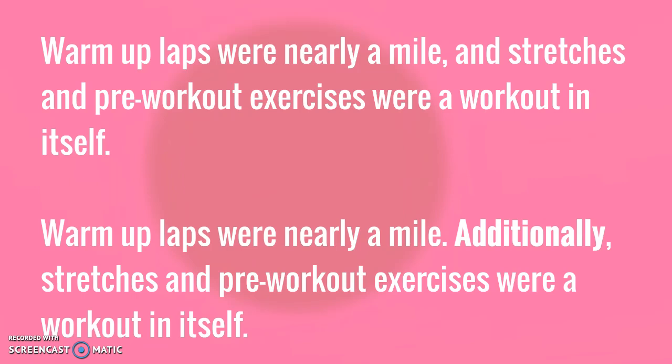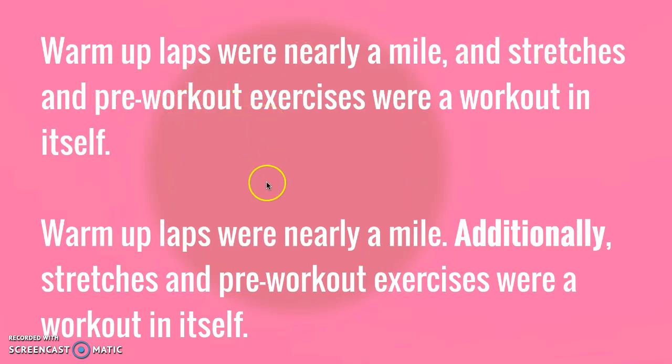But let's notice what happens if we take one of those "ands" and change it to a more academic transition word, because this sentence has two "ands" very closely placed to each other, because this one is combining the sentences and this one is combining the compound subject, stretches and pre-workout exercises.